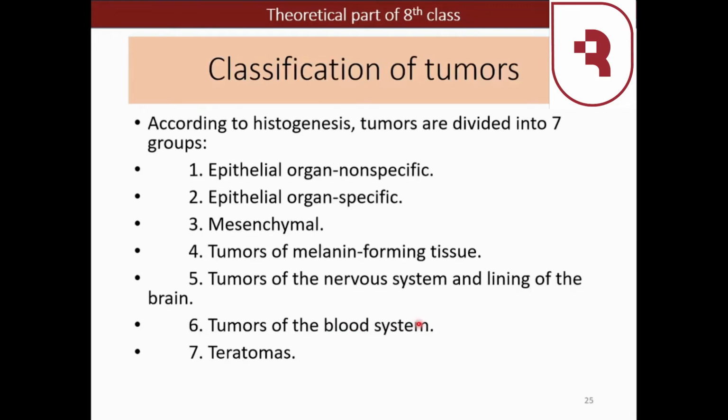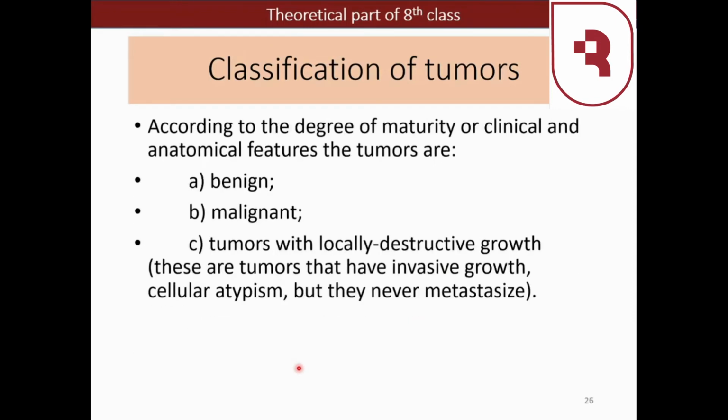According to histogenesis, tumors could be divided into seven groups: epithelial organ non-specific, epithelial organ specific, mesenchymal, tumors from melanin-forming tissue, tumors of the nervous system, tumors of the blood system, and teratomas. According to the degree of maturity or clinical and anatomical features, tumors could be benign, malignant, and benign tumors with local destructive growth.